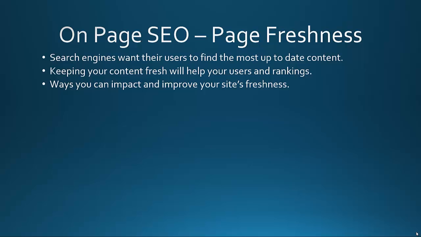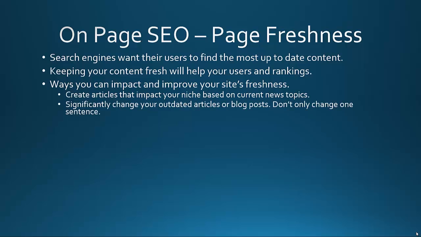Here are multiple ways you can improve your site's freshness. Create articles that impact your niche based on current news topics or news happenings. Significantly change your outdated articles or blog posts. Don't only change one sentence. So if you have an article that dates back to 2012, maybe the top weight loss tips of 2012, you could update that article to the top weight loss tips of 2014.